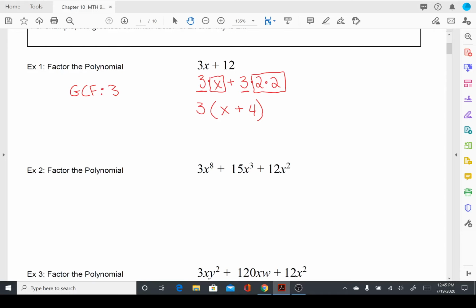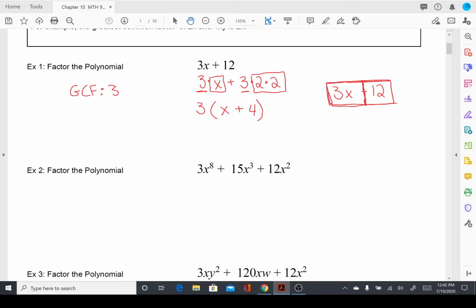There's another way to visualize this, and I like this other method quite a lot, and that is to put the 3x and 12 into an area box model and understand the idea of multiplication of length and width to be the area.